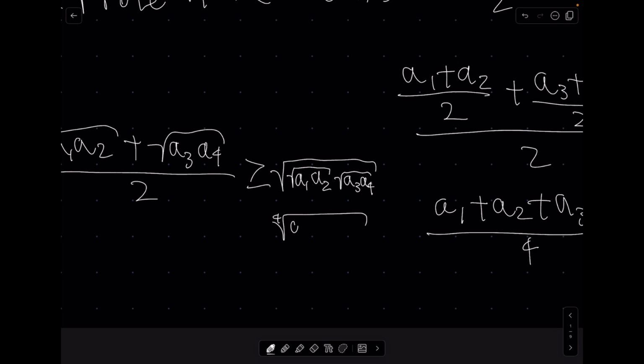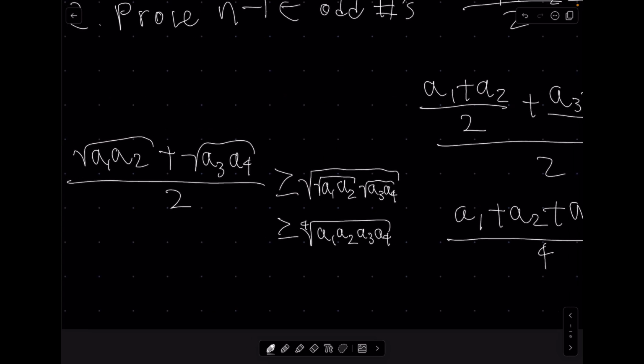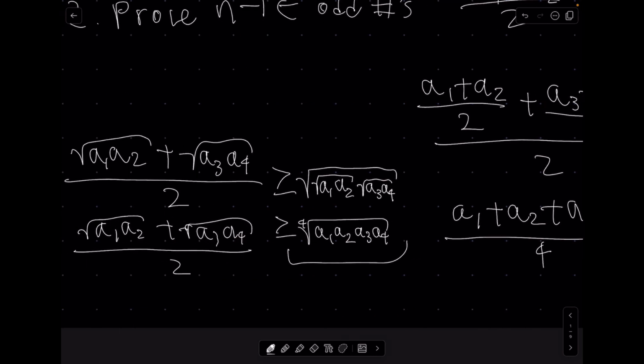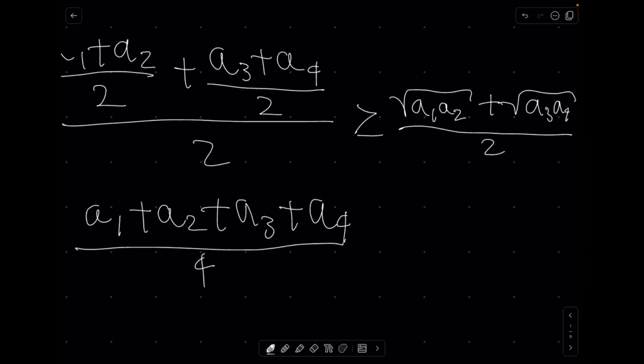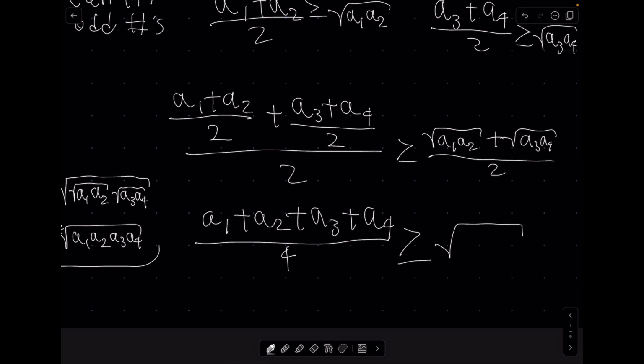So it's the fourth root of a1a2a3a4. And you can actually just substitute this back into the original expression, so it's going to be greater than or equal to the fourth root of a1a2a3a4.